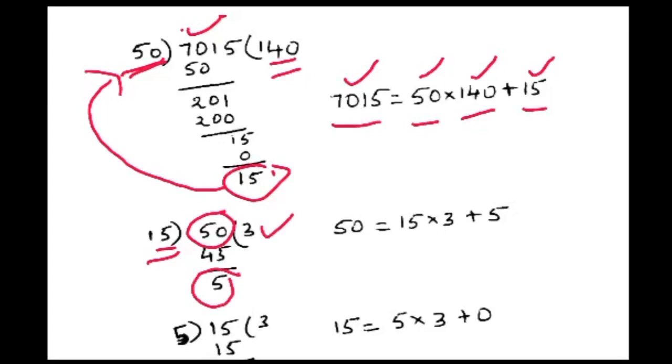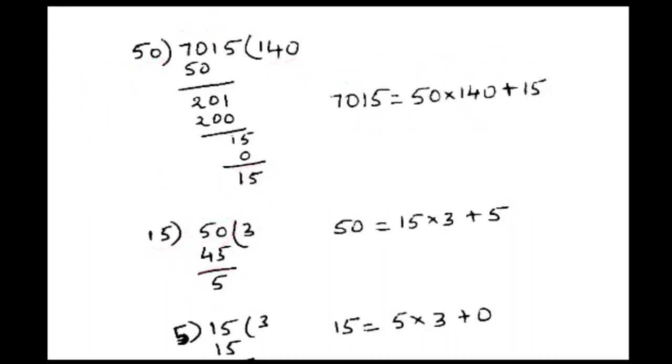Therefore, we can write 50 equals 15 multiplied by 3 plus 5. That is the dividend equals divisor multiplied by quotient plus remainder 5.